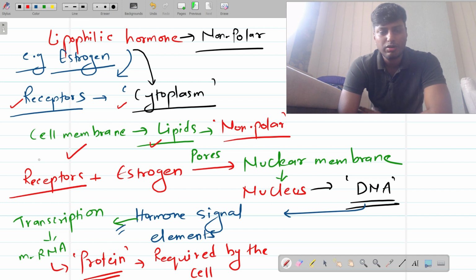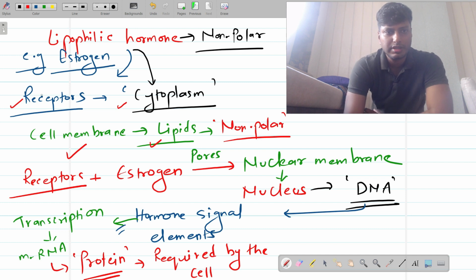Once they cross the cell membrane, inside the cell they interact with certain receptors which are present in the cytoplasm. So these steroid hormones, that is the signals, can combine with the receptors present in the cytoplasm. Such receptors, let me tell you, are considered intracellular receptors. Let me write down over here.